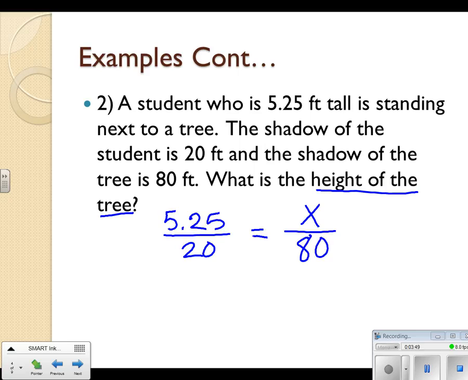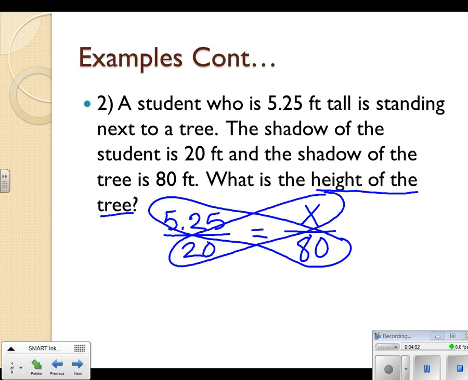So what I'm doing here, setting up two ratios, I'm going height to shadow when I set it up. And so when I cross multiply to find out the height of the tree indirectly without actually climbing the tree and measuring it, I get 5.25 times 80 is the same as 20 times X.